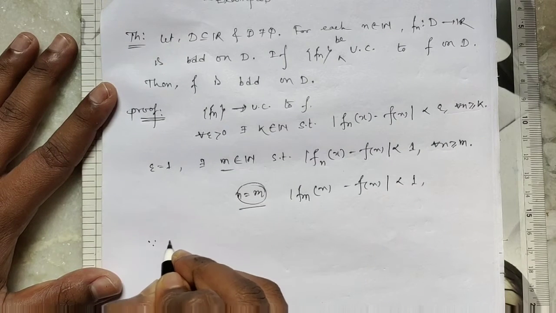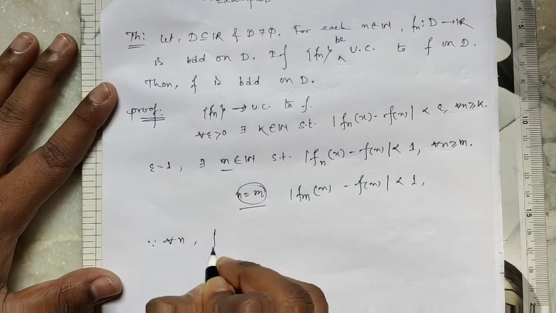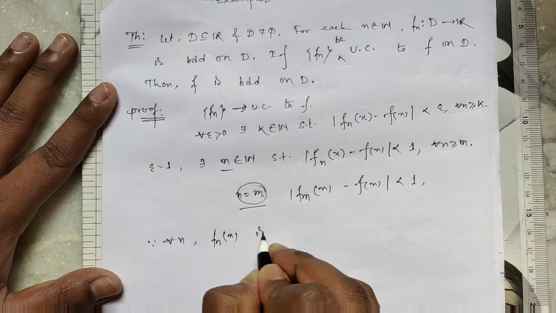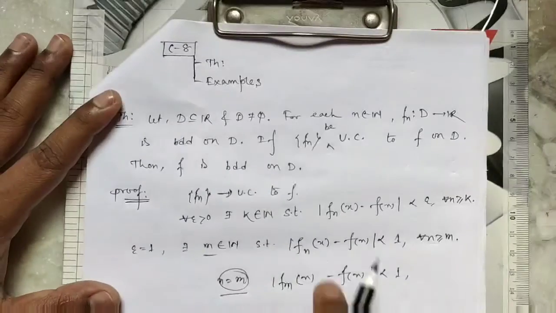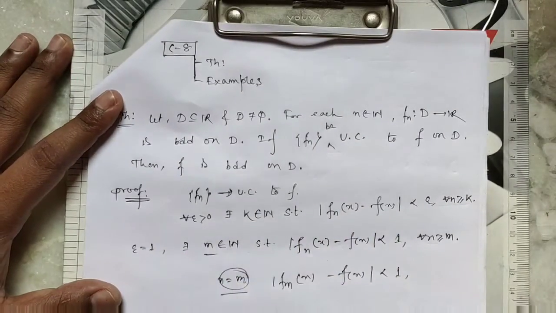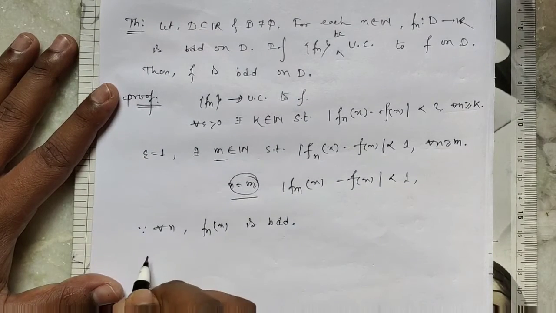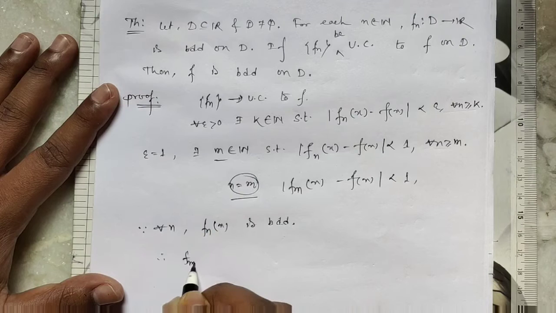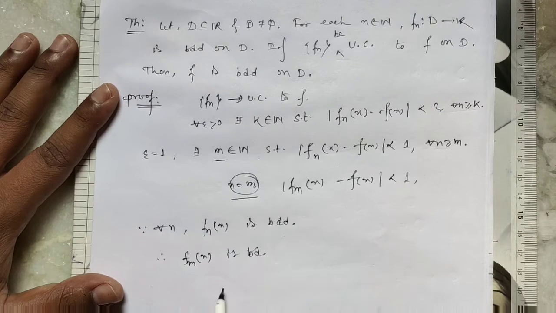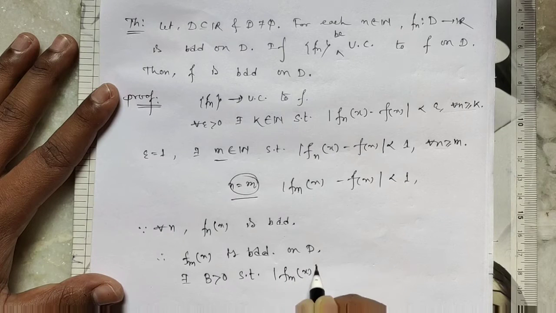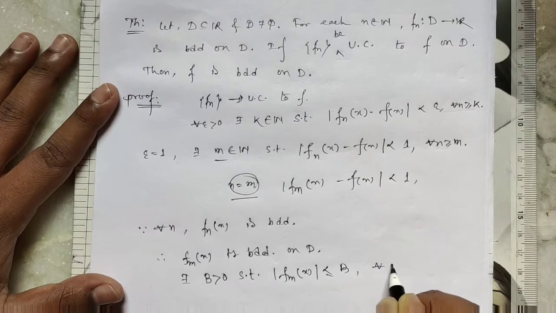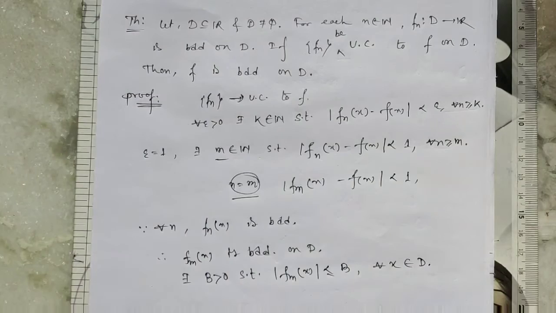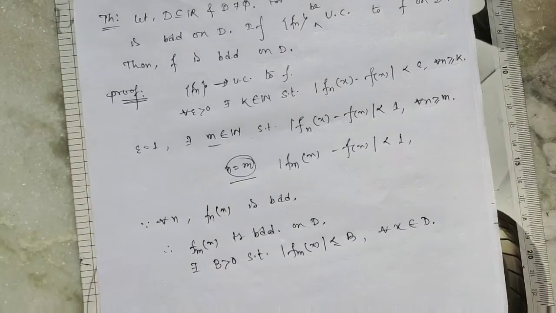Now since for each n, fn from D to R is bounded on D, therefore fm is bounded on D. So there exists B greater than 0 such that mod of fm(x) is less than or equal to B for all x belongs to D, by definition of boundedness.